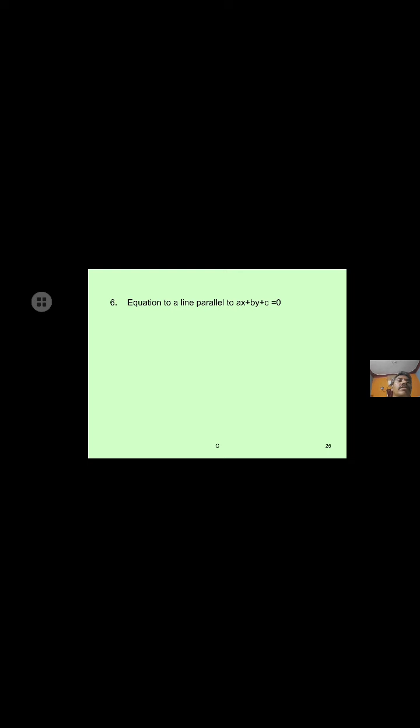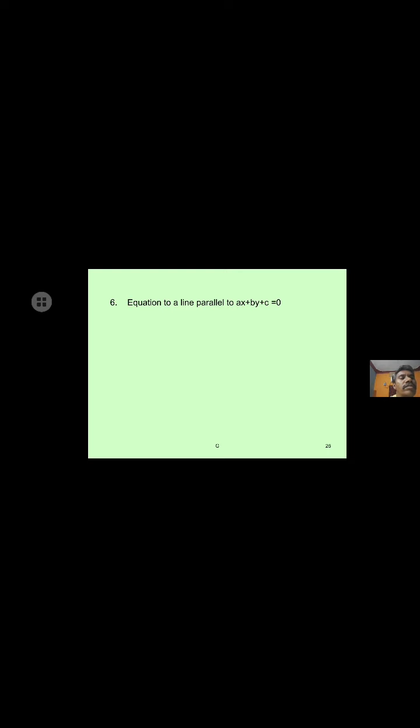Next, the sixth one. Equation of a line parallel to ax plus by plus c equals 0. We already discussed. Parallel means in both equations of the lines, the x coefficient and y coefficient should be the same.